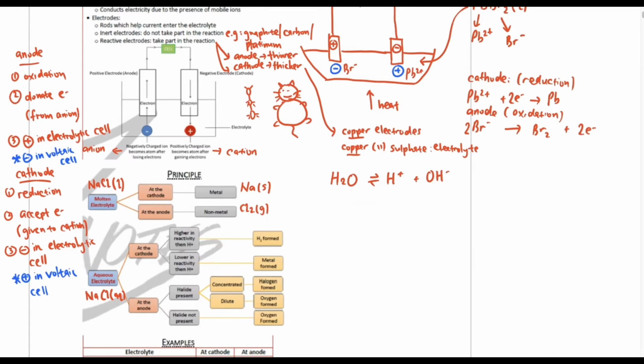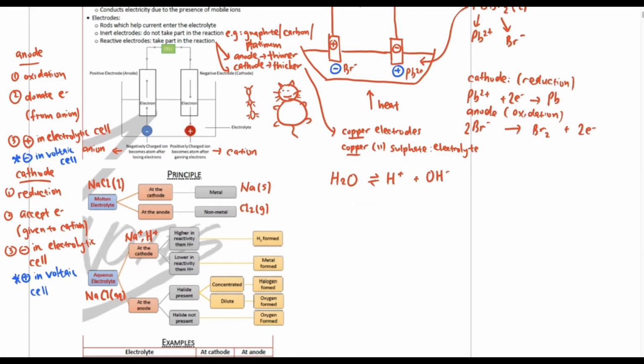let's say for example, if you have NaCl aqueous, which ions go to the cathode? Try to recall back. Cathode, positive ions go to the cathode. So positive ion is Na+. But it's not just Na+, the water has H+ that goes to the cathode as well. So we have Na+, H+.